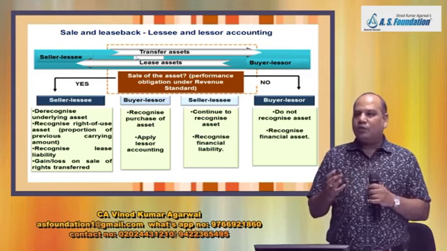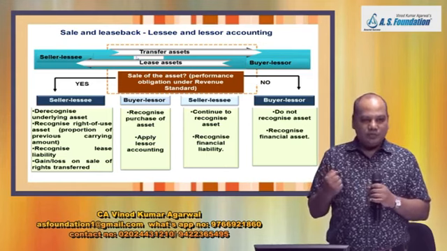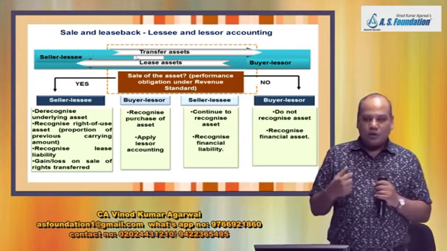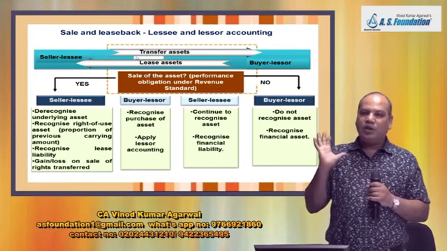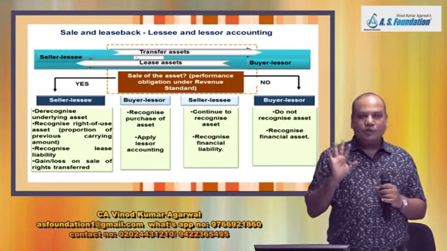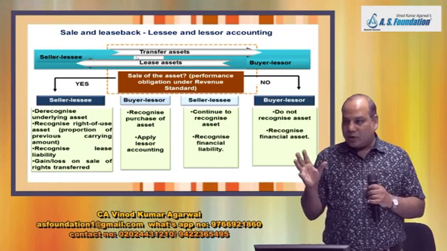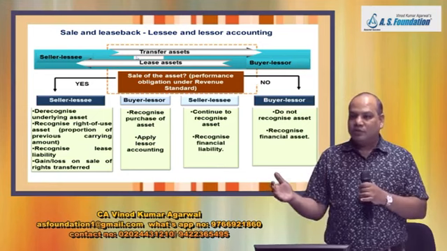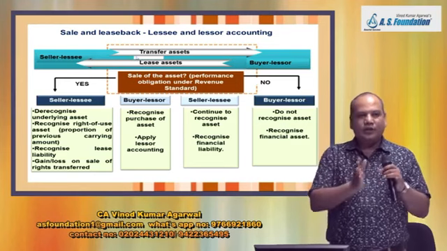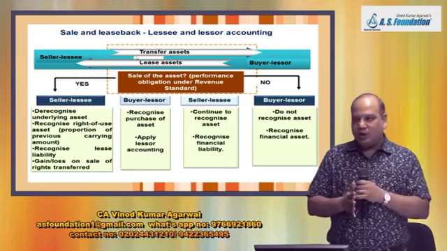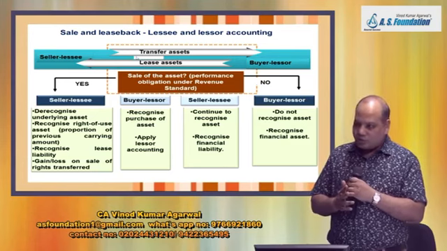Suppose the fair value of the asset is 20 lakh, but the present value of the lease payment is only 10 lakh. So 10 by 20 of the carrying amount we will retain as right of use asset.